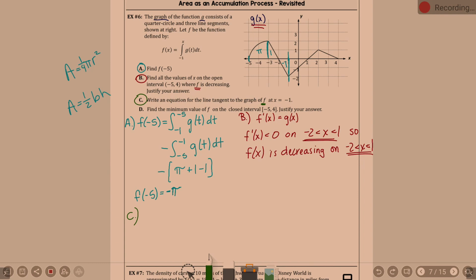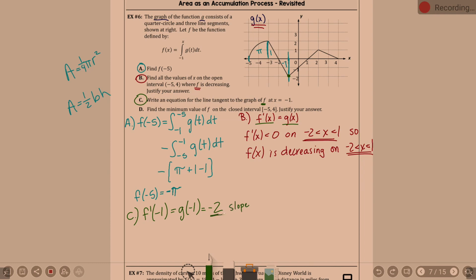We need to know f prime of -1, and f prime of x equals g of x, so we need g of -1. G of -1 is equal to -2. This is my slope.